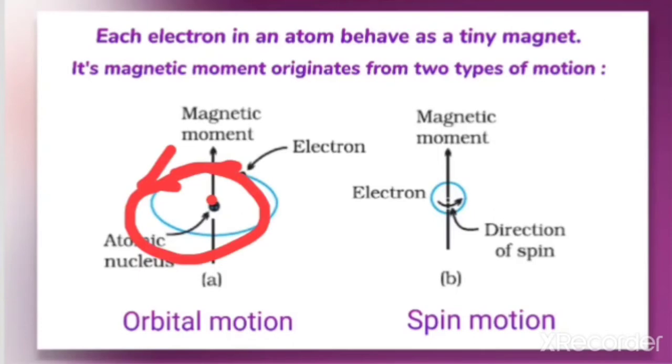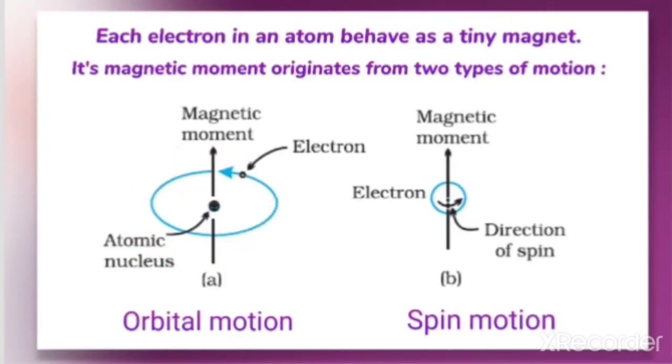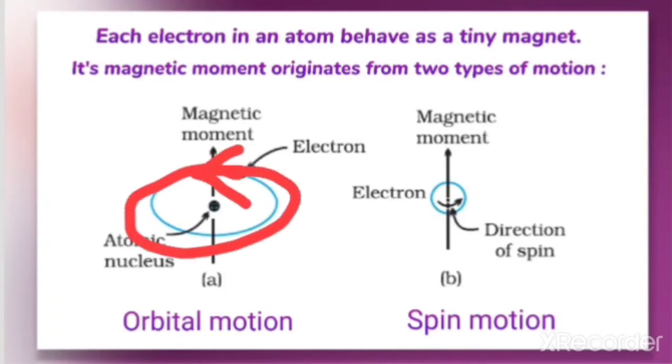So this motion of the electron around the nucleus in a definite path we call orbital motion. But the electron is itself undergoing a motion on its own axis. That is, the electron can spin around its own axis. That motion is called spin motion.